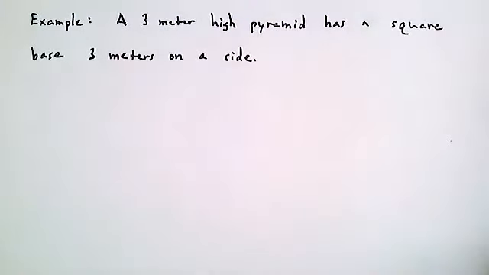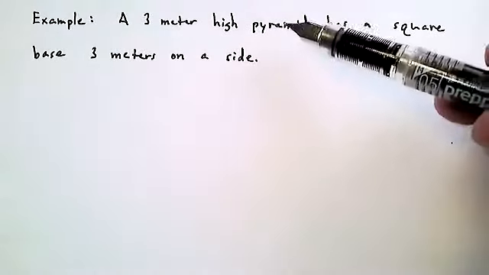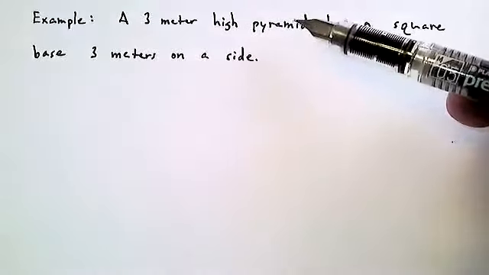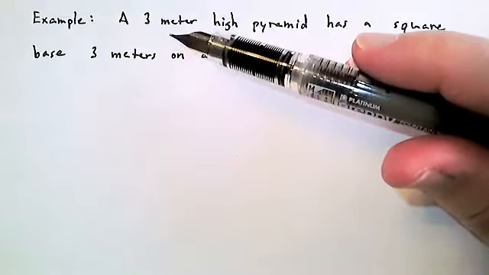Okay, so hopefully you're starting to get a picture in your mind. This is about as square of a pyramid as you can get. Its base is a square, and the height of the pyramid matches the length of the sides of the square.